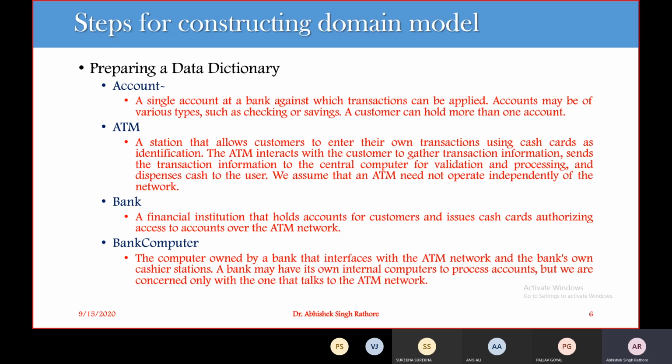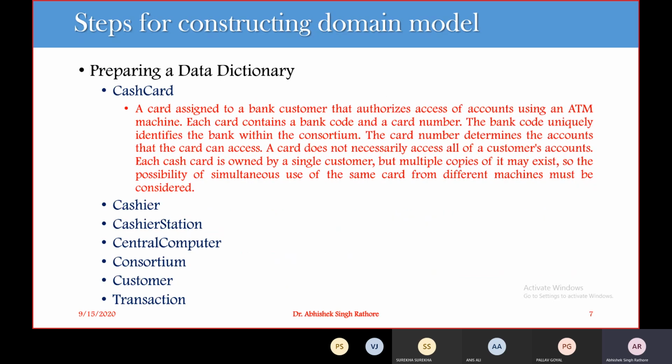We have to define all those things. Let's say ATM is a station that allows customers to enter their transactions using cash cards and identification, and the ATM interacts with the customer to do their transaction and sends information and so on. So these are different words, and we have to write one or two paragraphs of description for all those things.